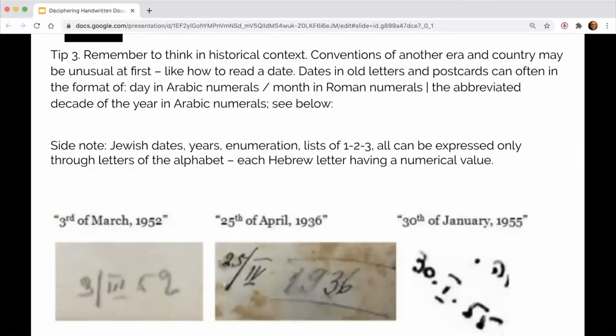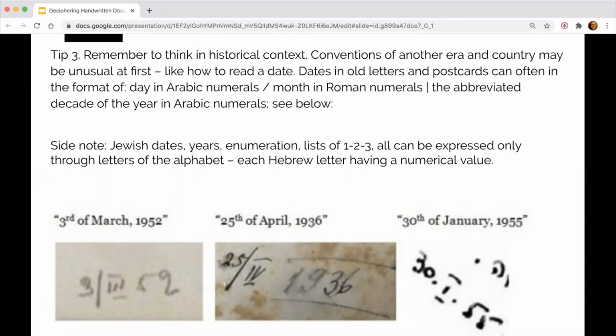A very helpful tip, the third one, is to think of the different conventions, especially when dealing with deciphering dates and numbers. So here, the three examples, a very common convention in writing dates is to write the day itself in Arabic numerals, slash, then Roman numerals to indicate the month, and then followed by often the abbreviated year, just the last two numerals of the year itself.